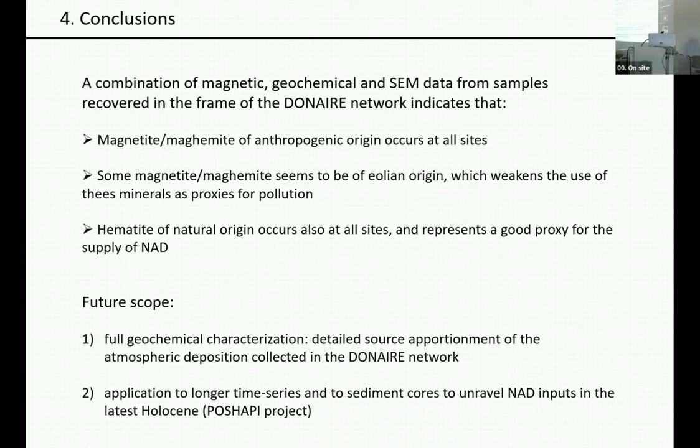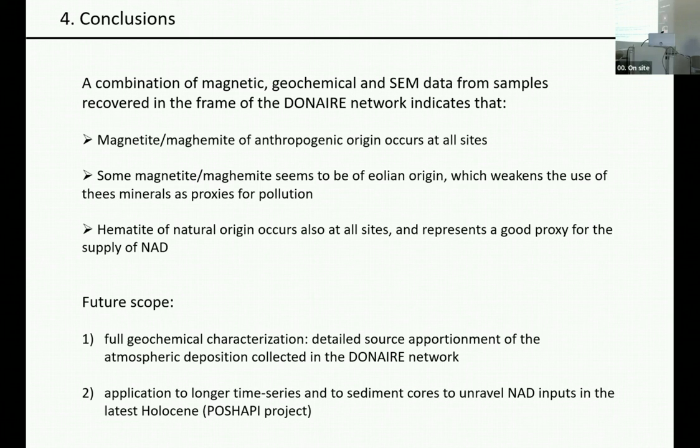So the future scope for the new project is, in first place, to provide a full geochemical characterization of all the samples, and this way we can make a source apportionment of the different atmospheric deposition and separate the natural and anthropogenic contribution to this deposition, and also better calibrate the validity of magnetic properties as proxies for pollution and North African dust.